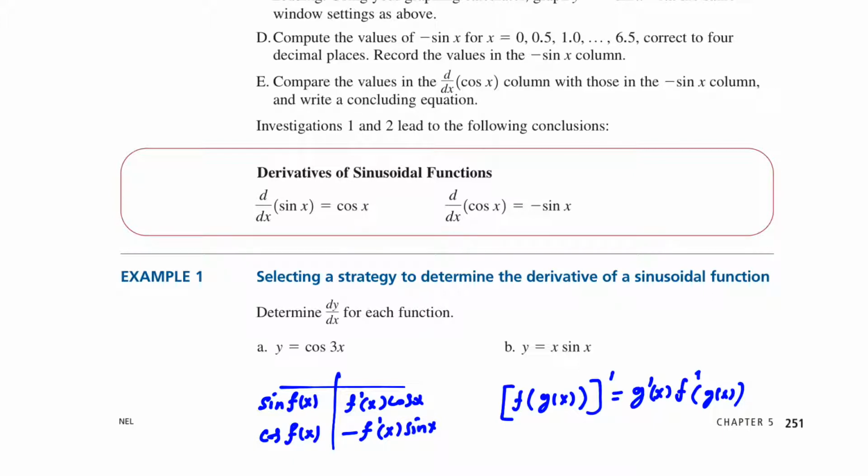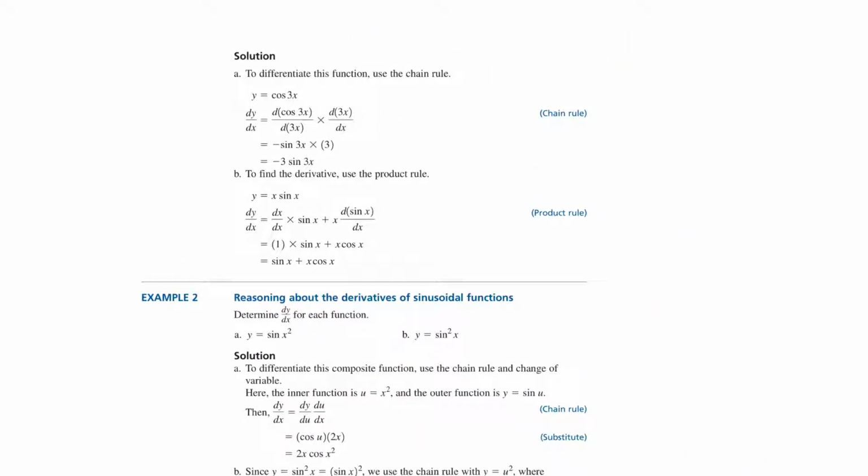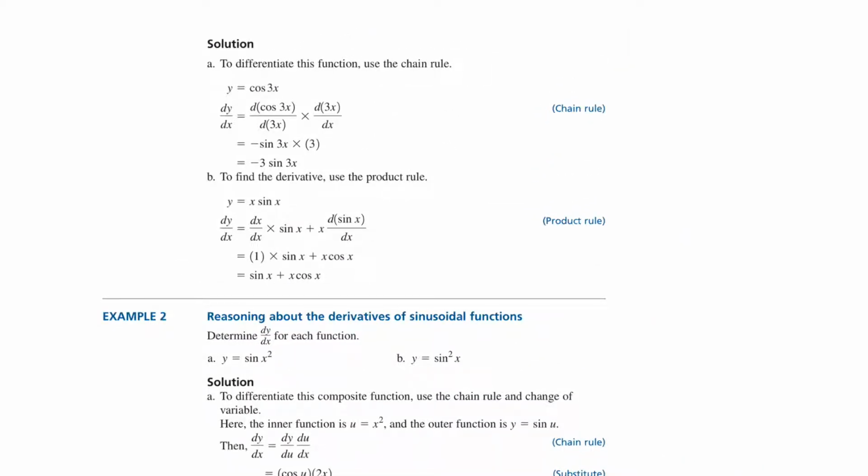Let's find the derivative of y equals cosine of 3x. This derivative would be 3 times negative sine of 3x by the chain rule. That means the derivative of cosine of 3x is minus 3 sine of 3x.